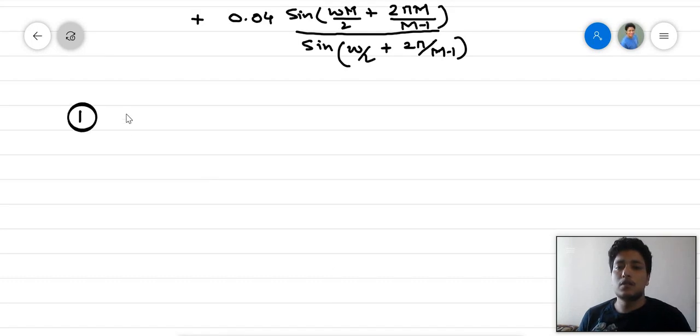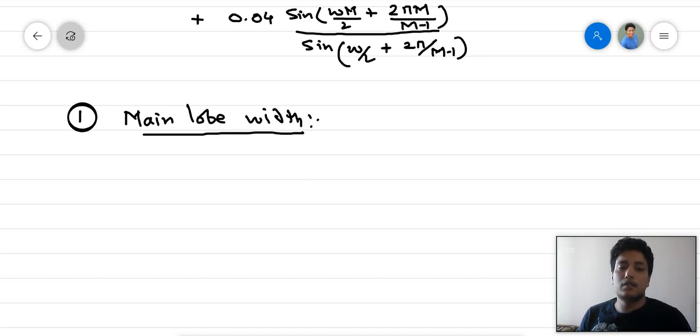First one is main lobe width. As one can see, the number of sine terms increased compared to the Hanning window, thus the main lobe width also increases.